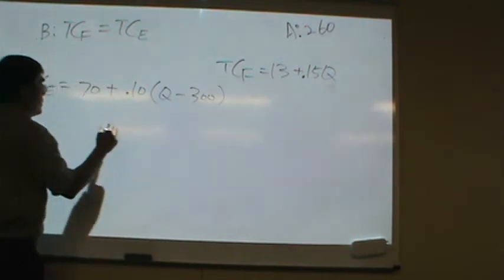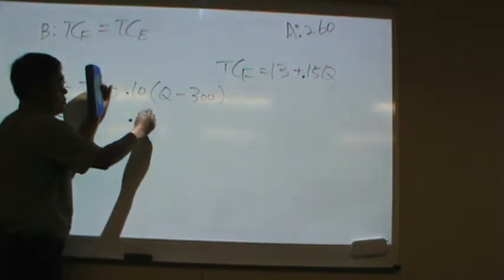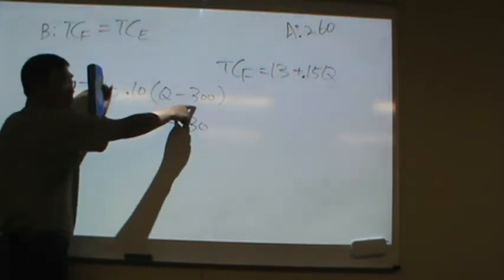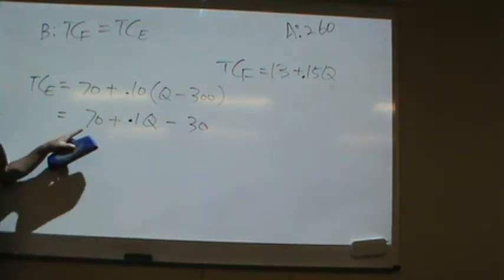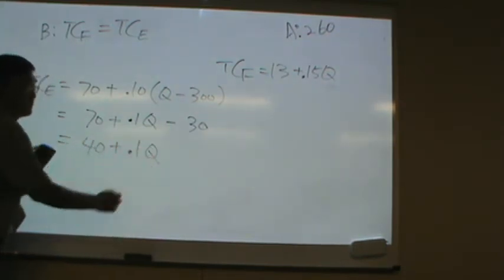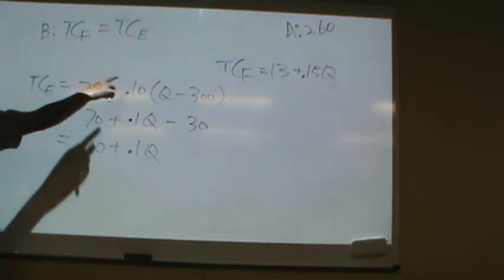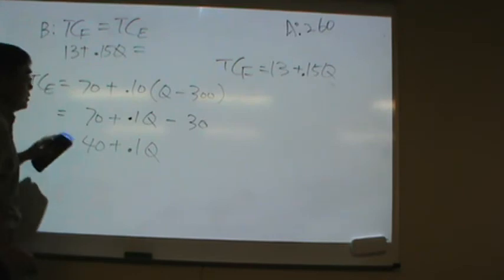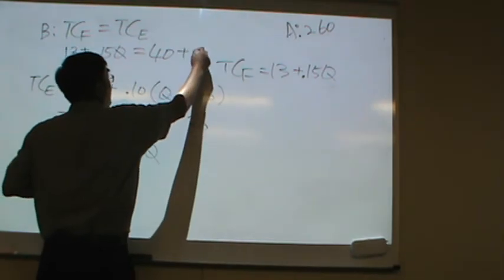This one itself, 0.1 Q minus 30, right? 0.1 times 300 is 30. 70 minus 30 equals 40 plus 0.1 Q. So here, TCF is 13 plus 0.15 Q equals TCE, 40 plus 0.1 Q.